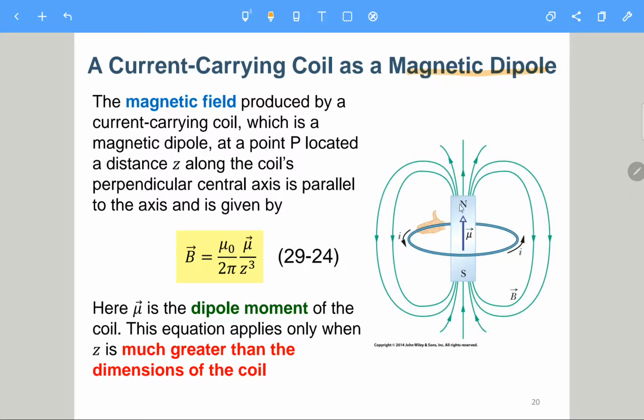They generate the same magnetic field in the space. So we can call the magnetic bar a magnetic dipole, and this loop is also a magnetic dipole.